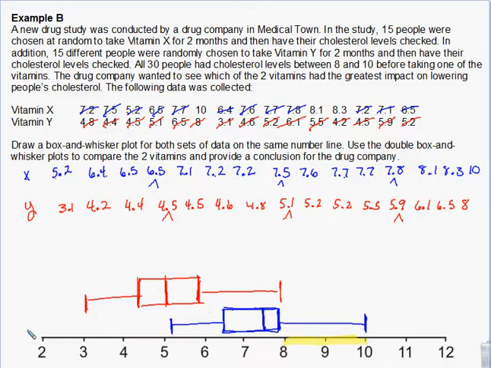Which vitamin do you think works better to combat cholesterol? Remember, our original levels were here. The red one, because it's going to bring our cholesterol levels further down, right? And that is the goal, to have low cholesterol, right? Well, there's a misconception there.